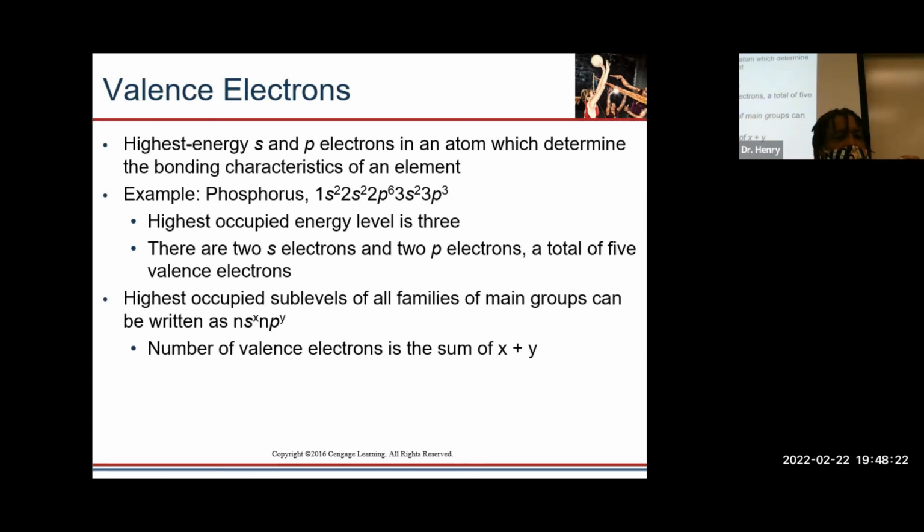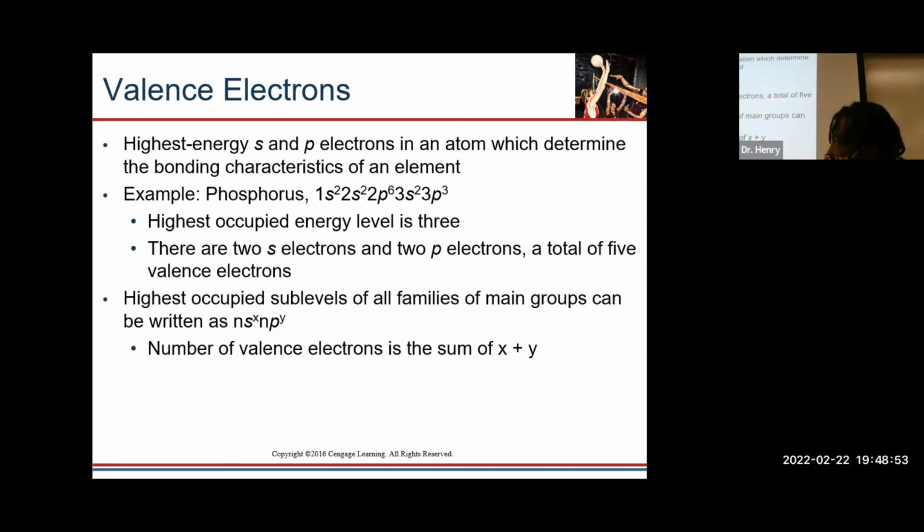When we start talking about reactions, we mainly talk about the valence electrons in the main group, so group 1, group 2, which represent the S, and the P, because that's our outer shell. Those transitional elements we typically don't talk too much about in terms of reactions. We mainly talk about group 1, group 2, and then groups 13 through 18, okay?